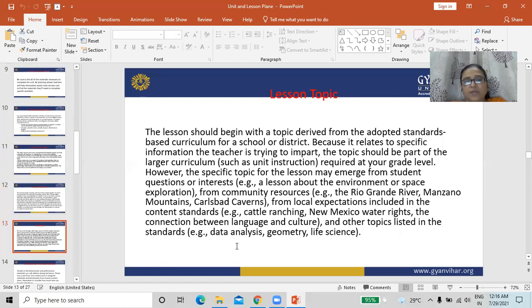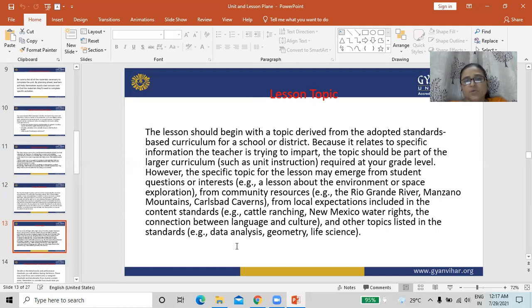For example, a lesson about the environment or space exploration from community resources. Examples include a magazine, a river, or caves.